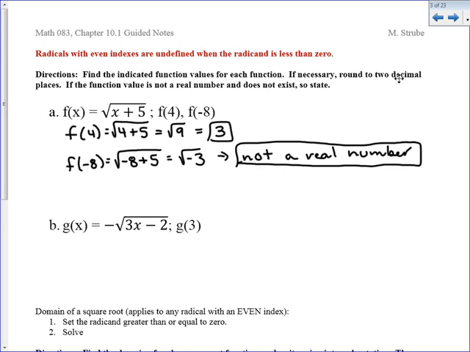So B, we have g of x equals negative square root of 3x minus 2. We want g of 3. So we're going to replace that x again with a 3. So 3 times 3 minus 2 going to be the square root of 9 minus 2, negative square root of 7.